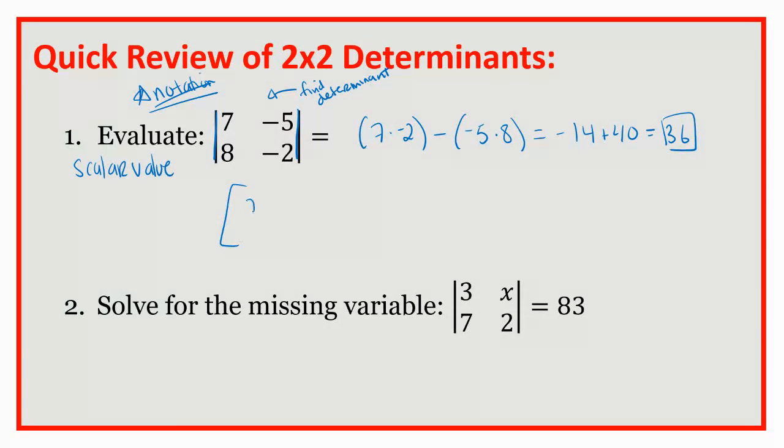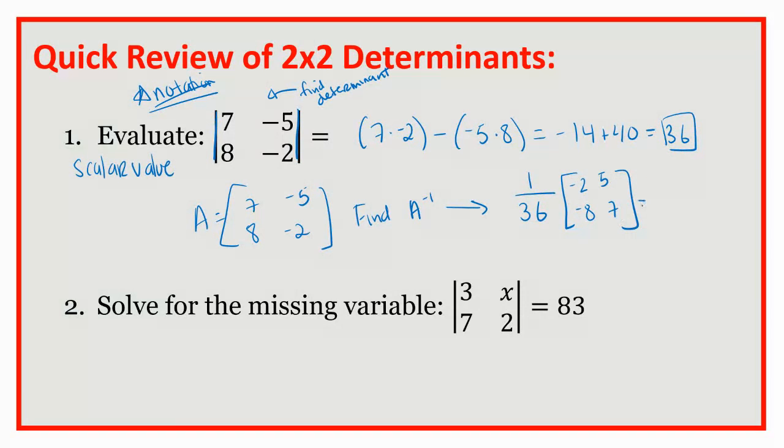If I went a step further, and I gave you this as A, and said find A inverse, you would do 1 over the determinant times the adjoint. I switch these two, and I negate these two.